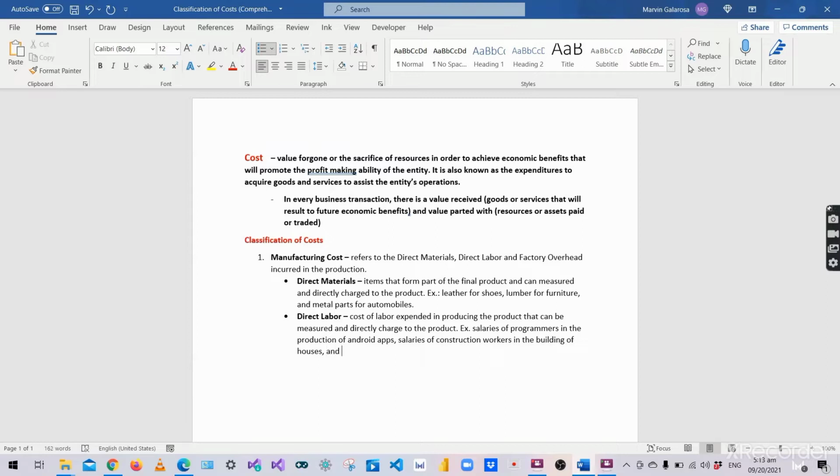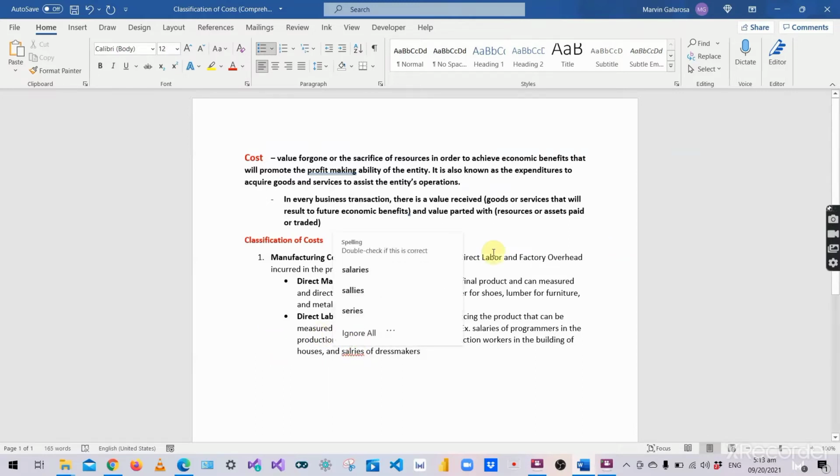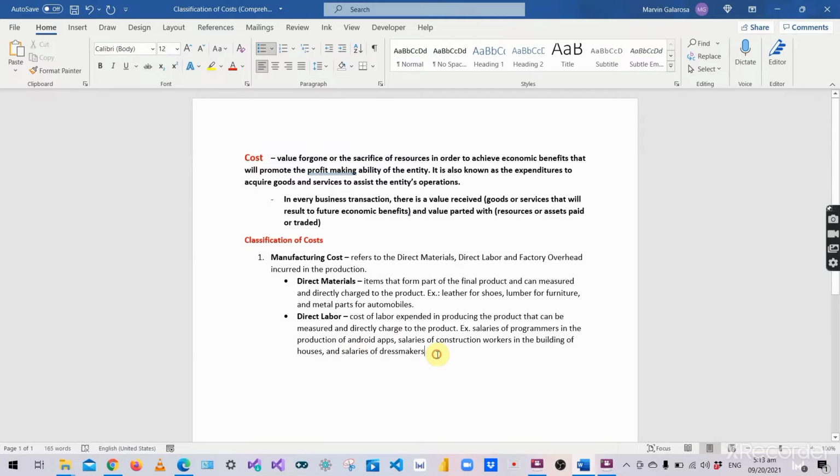Another one, salaries of dressmakers in the production of t-shirts.